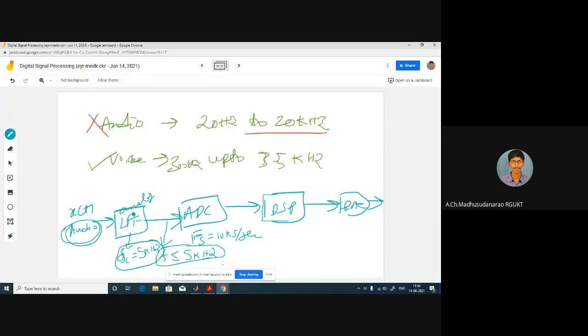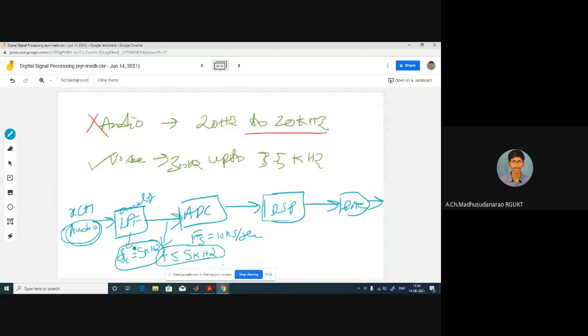All audio files may not have dominant music signal components above 5 kilohertz, as we have seen in our last experiment. We just played up to 3 kilohertz after filtering, but you are almost getting the same song. It means your music signal frequency components might be negligible or less dominant after 3 kilohertz. That's why you are able to get almost the same information.